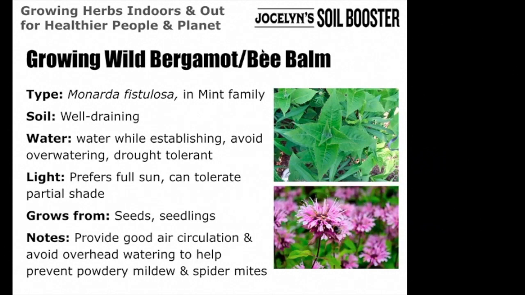I always like to mention the botanical name, Monarda fistulosa, just because plants tend to have a lot of different common names, so you don't want to get confused, especially if you're using it for medicine. You want to make sure you have the exact species that you're looking for. So Monarda fistulosa, that's the one I'll be talking about.